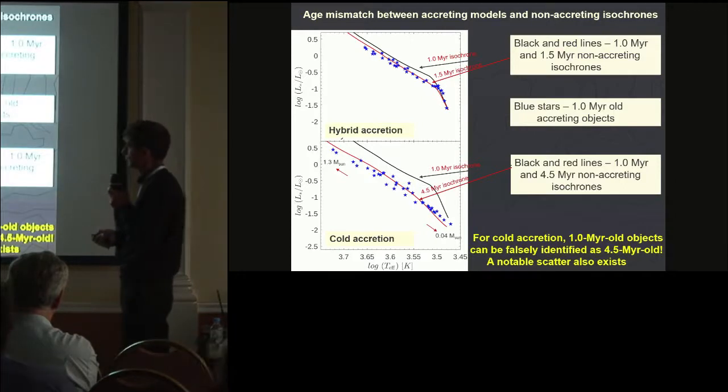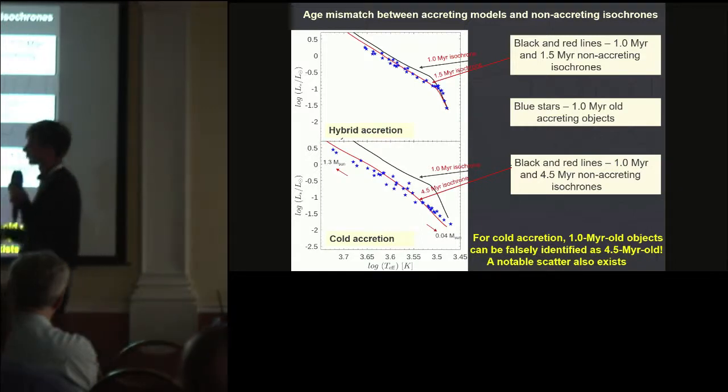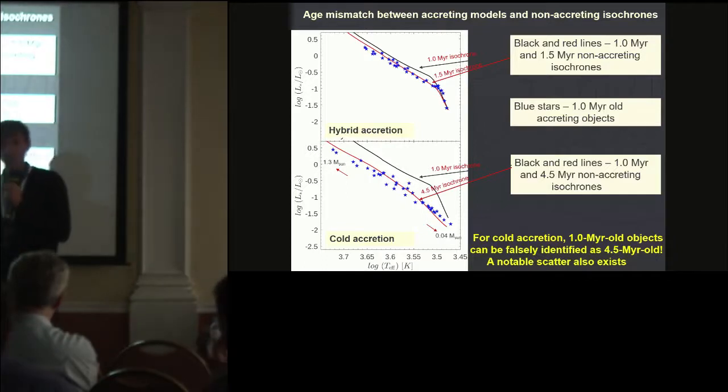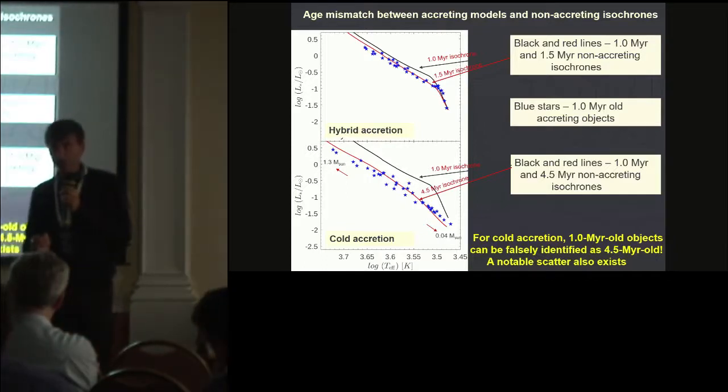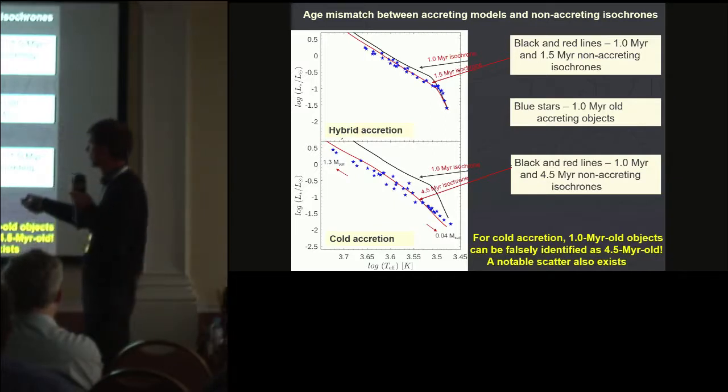This is what I illustrate in the last slide here for the case of hybrid accretion and cold accretion. The blue stars are our models at 1 million years old. So they are all 1 million years old.